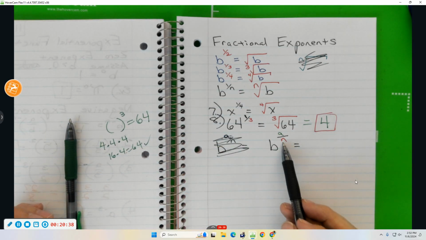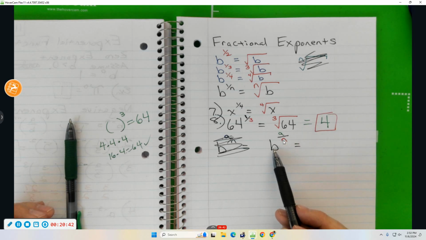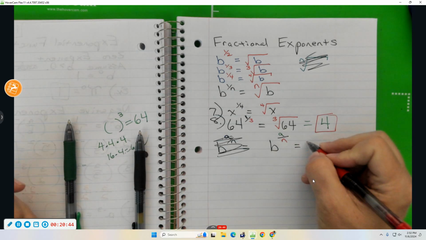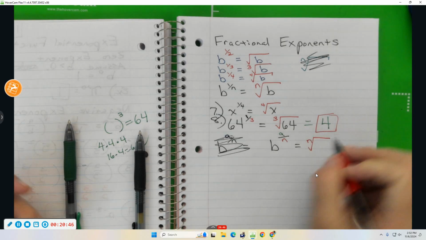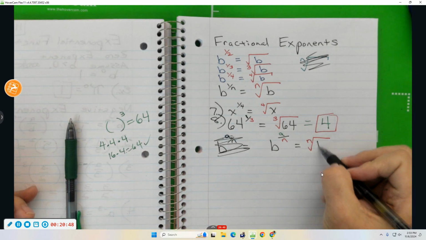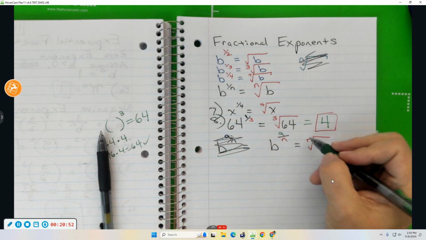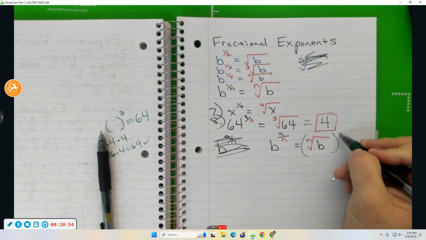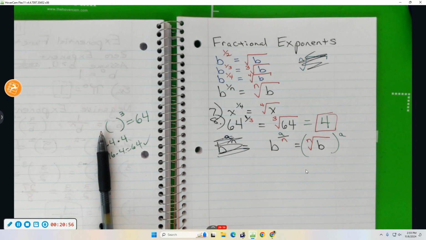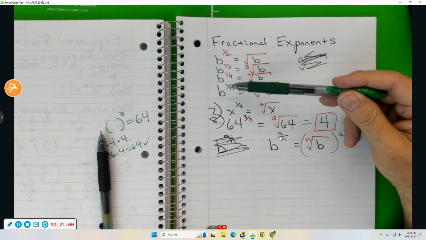The denominator tells you what sort of a radical you have. That's saying the nth root of b. So the nth root, the bottom there, is the root. The top is the power to which you apply that expression. And you say, well, what about that 1?